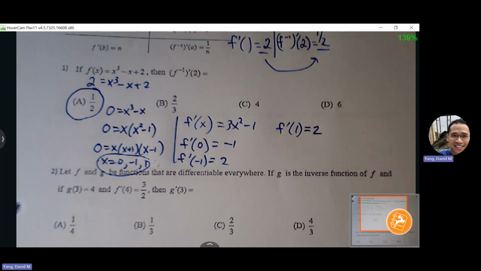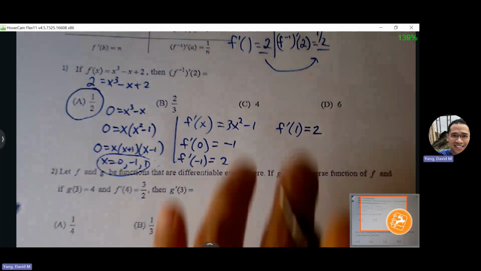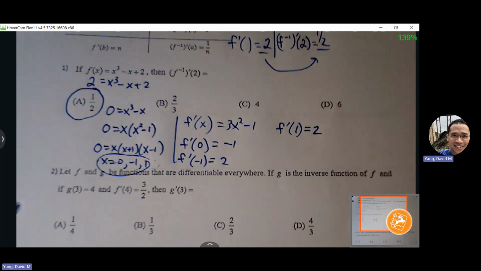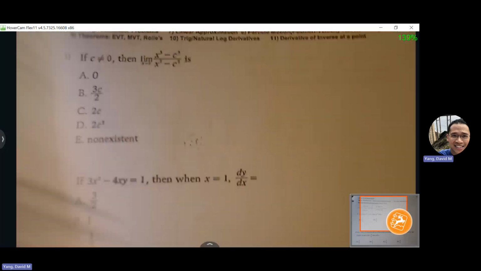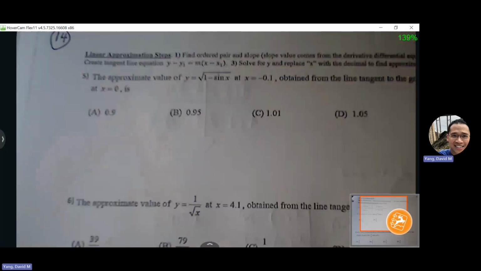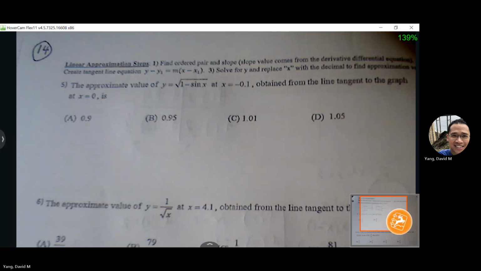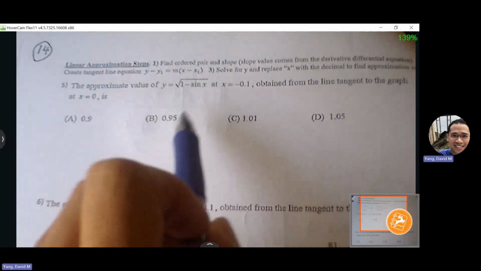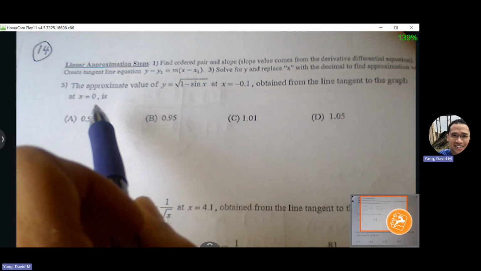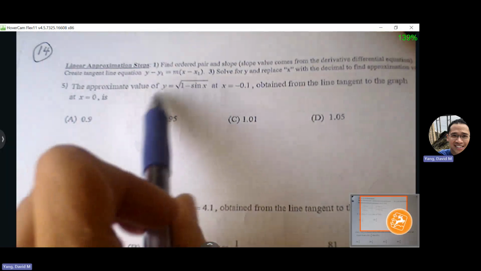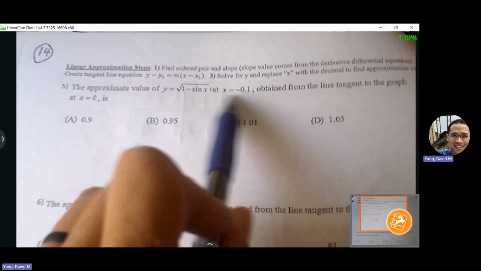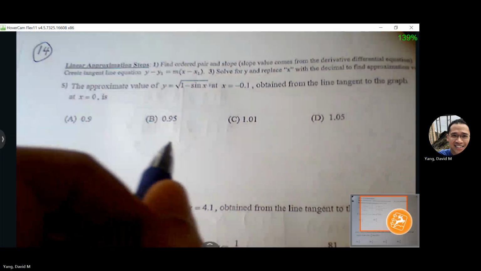Numbers 2, 3, and 4 are all going along the same vein here, so you guys can practice that process. Let me do one of the linear approximation here. So linear approximation, all this is: we find the ordered pair, we find the slope, we build our tangent equation, and in our final step, we worry about that decimal here.